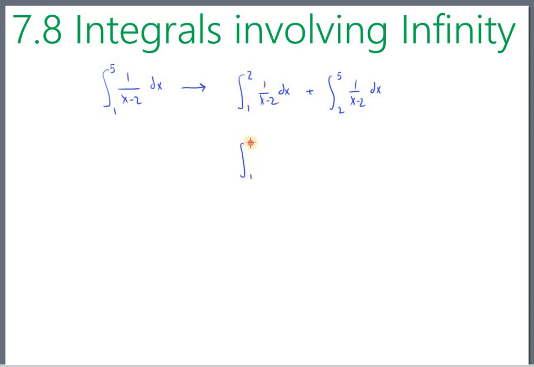So this will be like a limit of 1 to t. And this one also has a problem. So we've got 2 separate integrals. They both have a problem at x equals 2. So I'll add to that the limit as t approaches 2 of the integral from t to 5.